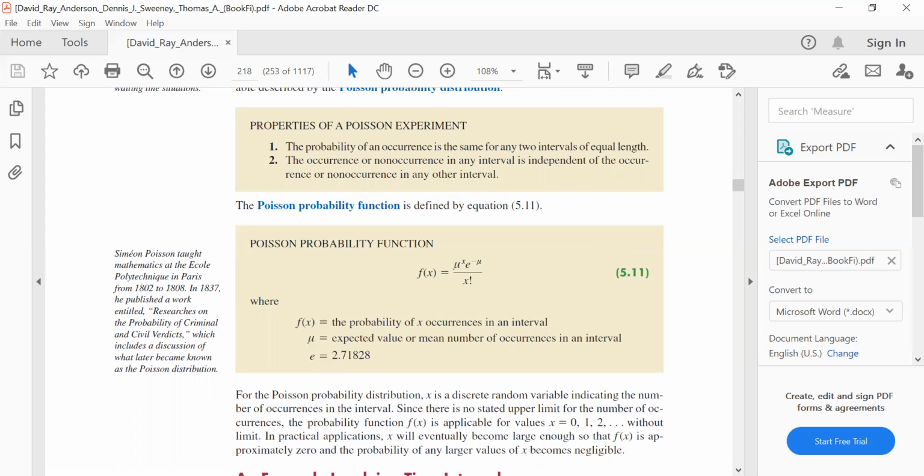Mu is the expected value or mean number of occurrences in an interval, and we have e is equal to 2.71828.